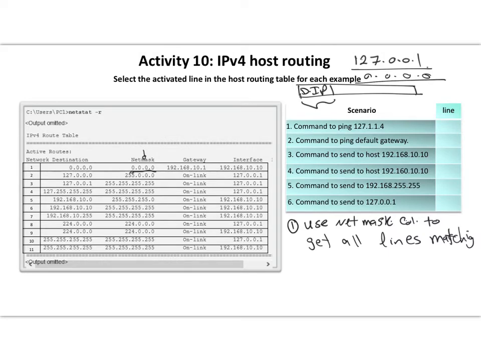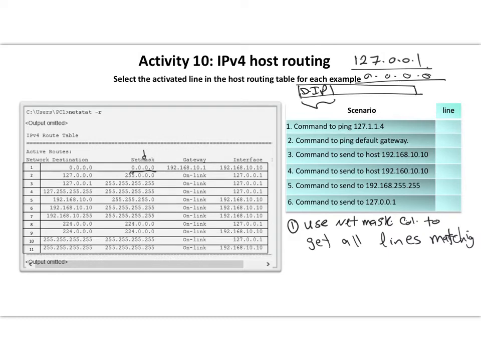If the result of the AND operation matches the destination network address, then this line matches. Clearly, anything that's ANDed with 0 gives 0, which means the result will be 0.0.0.0 all the time. This means that line 1 always matches anything. We call that a default route.